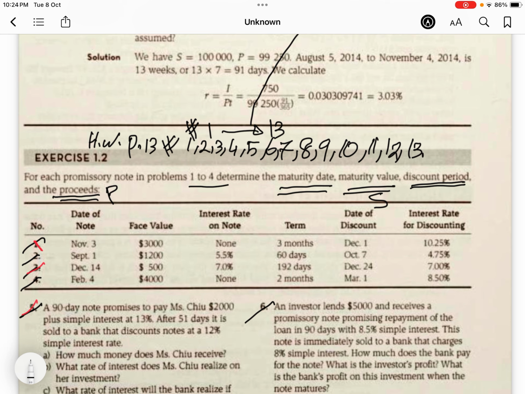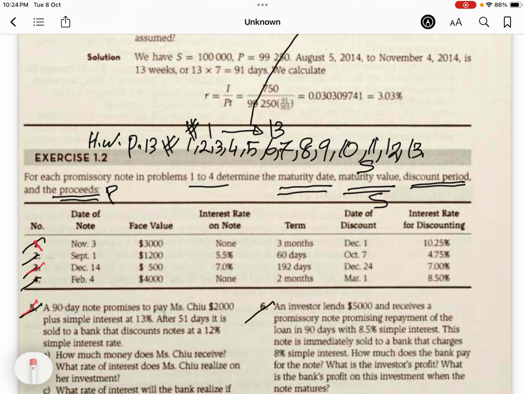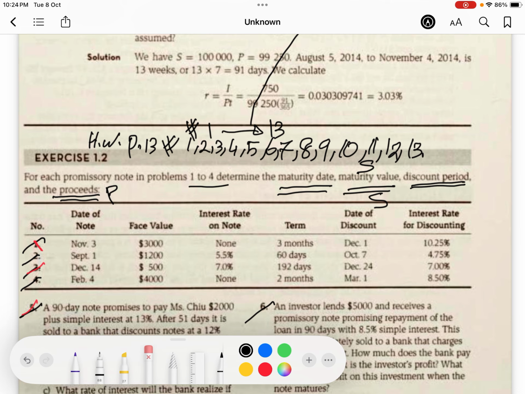Then he wants S, here S, maturity date, discounted period, number of days, and proceed.